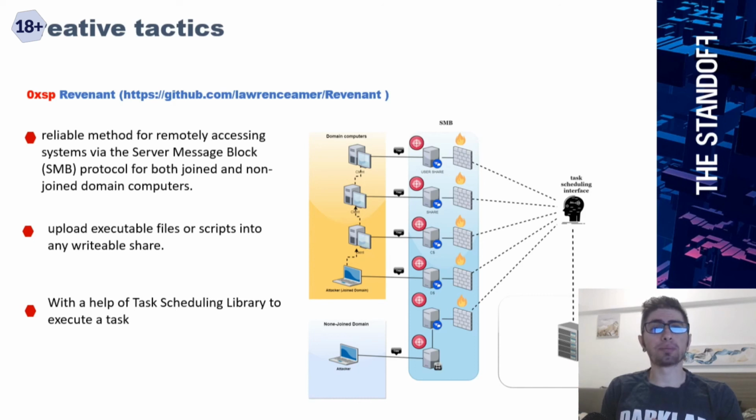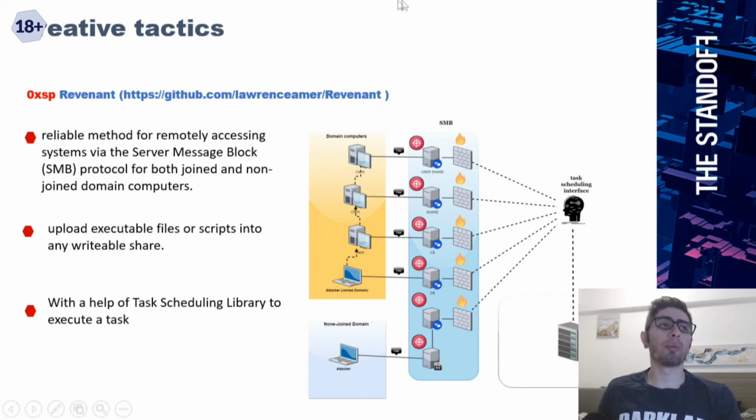So you depend on the task scheduler interface to schedule a task, and that task will allow you to laterally move to that host. It's a good one, but it has already been done and detected, because it's very popular. So what I did, I have developed another framework called Revenant.